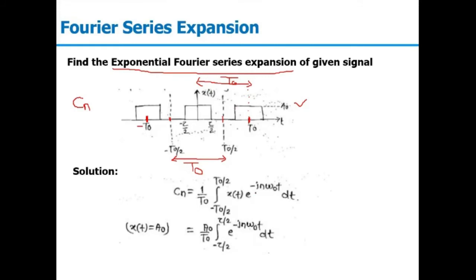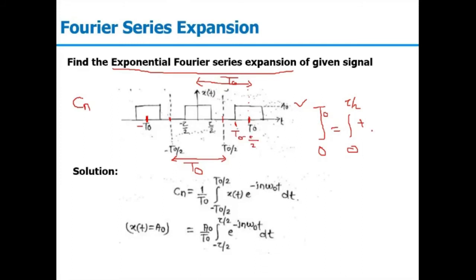That you need to break your integration in a few parts. Like when you're talking about 0 to t naught integration, this will be divided into 0 to tau by 2, plus tau by 2 to this term here, which we don't know the value of. So here you need to find its value, considering that this is t by 2. So this will be t naught minus tau by 2.